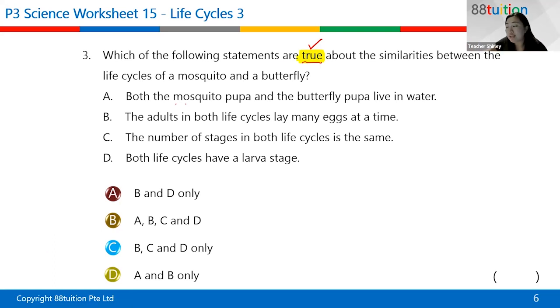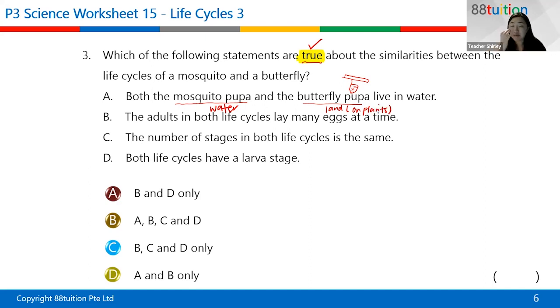The mosquito pupa, yes, right? The mosquito pupa lives in water, but the butterfly pupa is basically the cocoon. So it's something like that. So where is it usually found, the butterfly pupa? Okay, mosquito pupa is in water. Usually butterfly pupa is on land, specifically on plants.